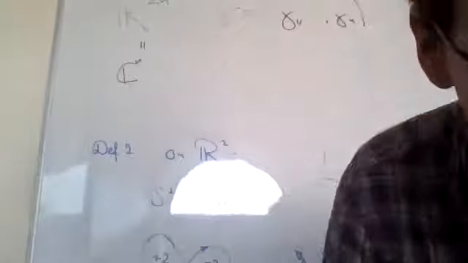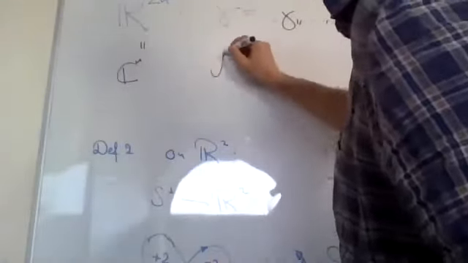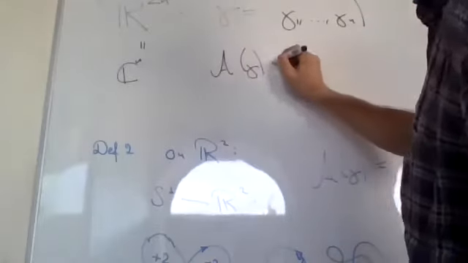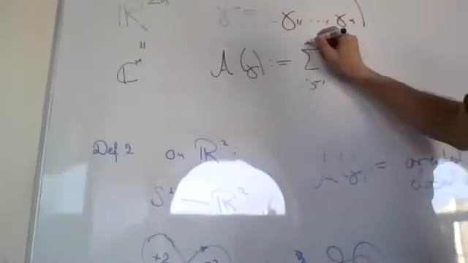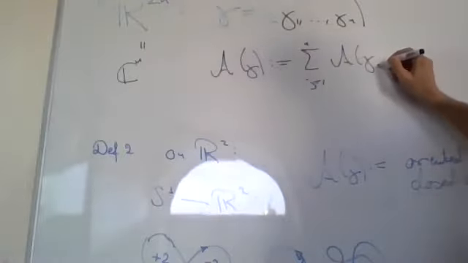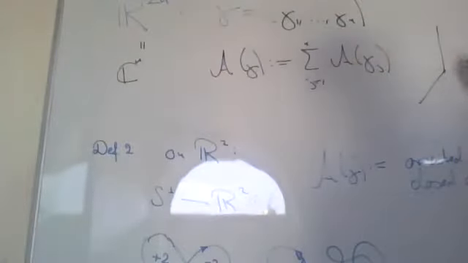Let's say it's already identified with C^n. Then we just say that the area of such a curve is the sum of the areas of the components. Fine. So it looks essentially like this.